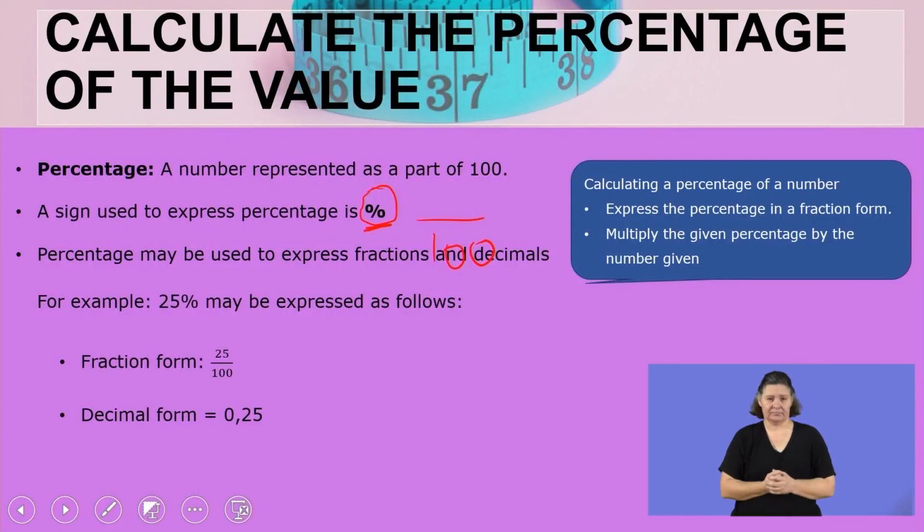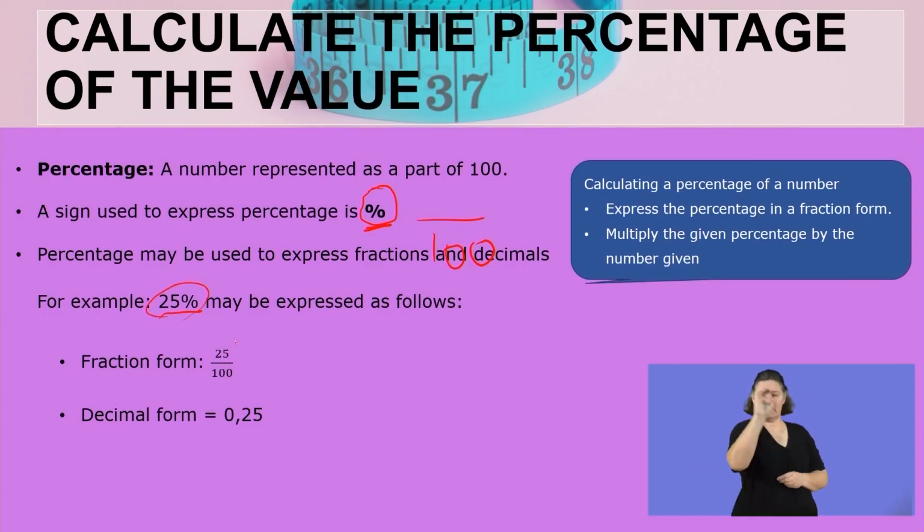Okay, so we say the percentage can be expressed as a fraction and a decimal. Here's an example. We are having 25%. As I said earlier, a percentage is a part of 100. So if we have 25%, we can write it as 25 divided by 100. Then we've expressed it as a fraction. As a decimal, we need to press the calculator.